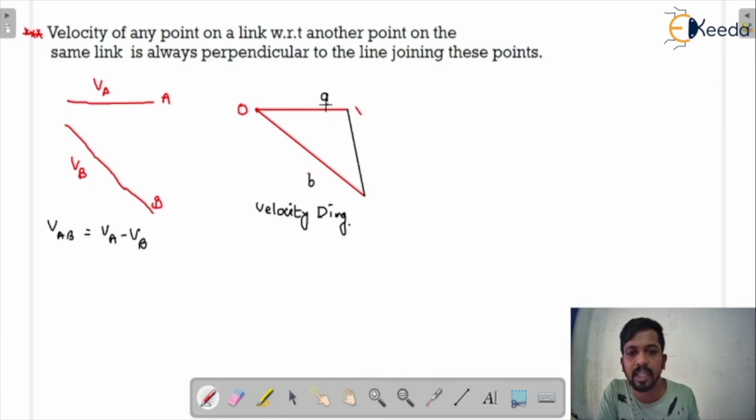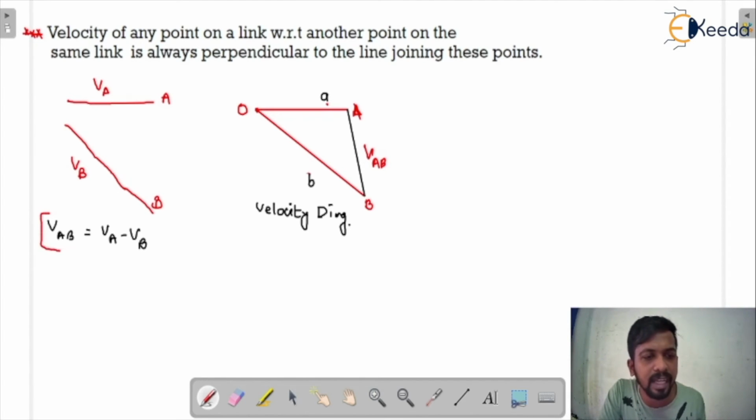That is point a and that is b. And we are interested in finding out the linear relative velocity. So basically it would be like that, VAB. Now we have represented the relative velocity in general form.